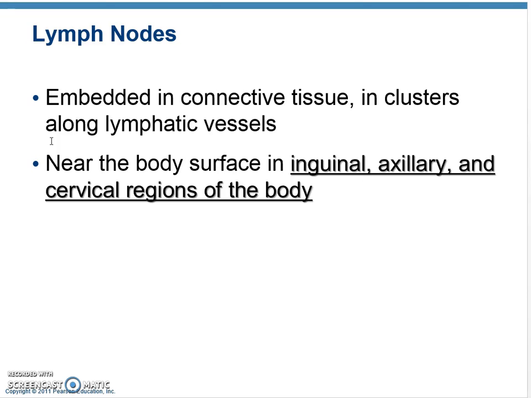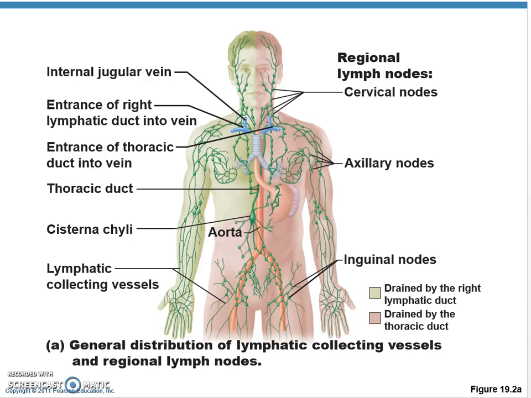What you want to know about the lymph nodes are the primary superficial accumulations: the inguinal, axillary, and cervical regions of the body are where you find large accumulations of superficial lymph nodes. This is one of your open-ended questions. So you have inguinal nodes, axillary nodes, and cervical nodes, all near the surface and in large numbers.